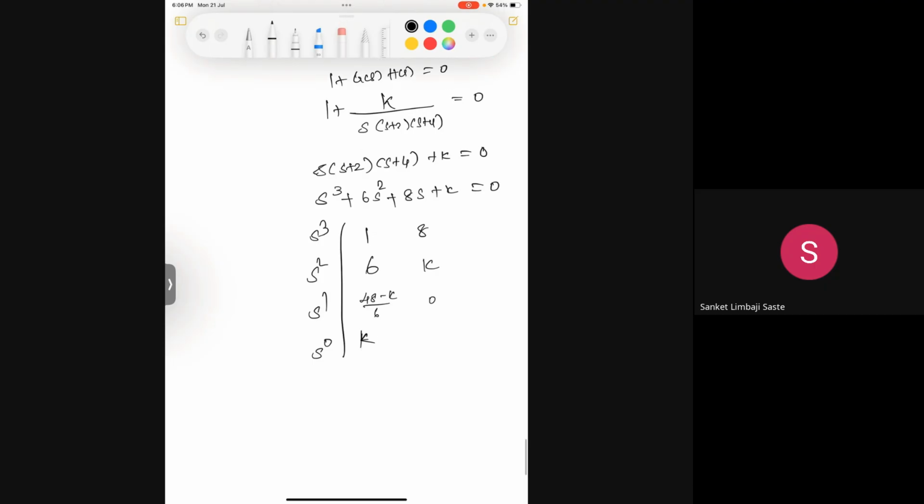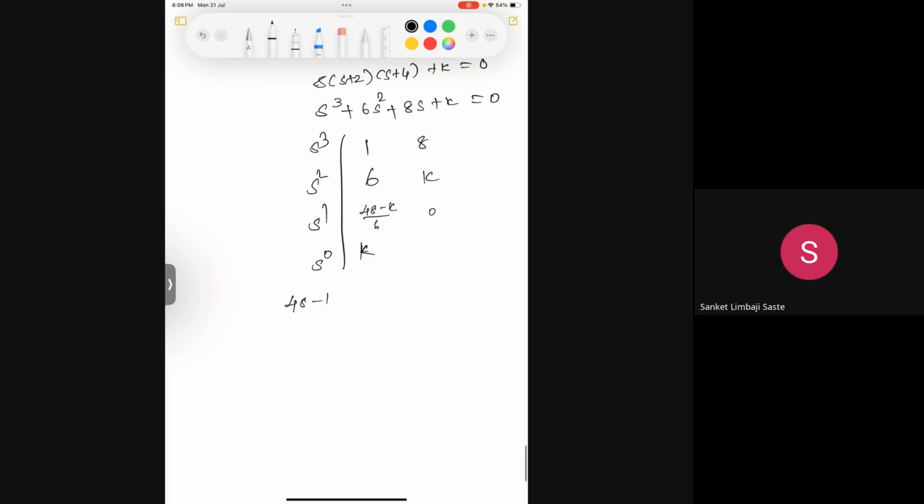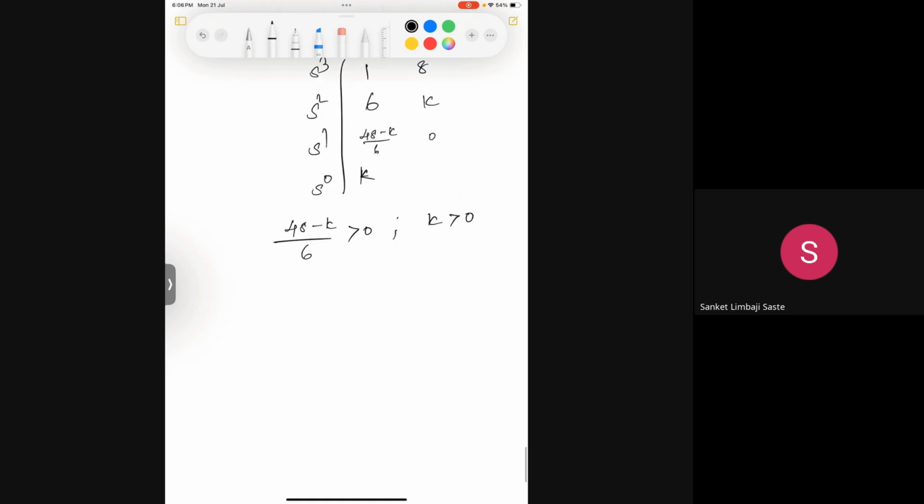Now check how the system should be stable: if there is no sign change, K should be greater than 0, so that is one condition. Another one is 48 minus K greater than 0, so K less than 48. So this gives an upper bound.